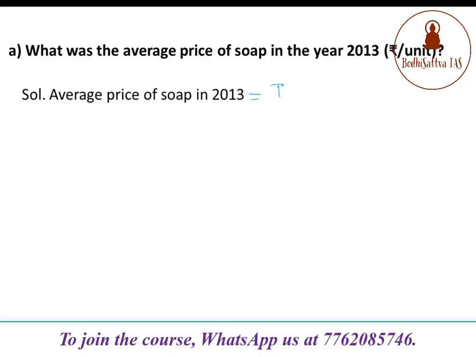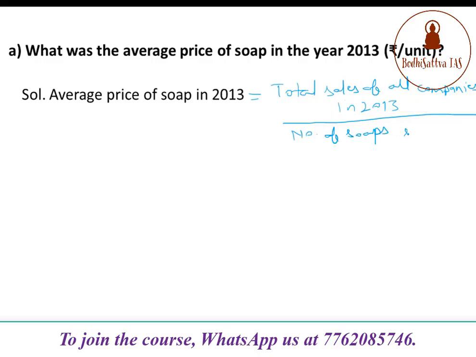We are going to find it by the formula: total sales of all companies in 2013 divided by the number of soaps sold by all companies in 2013.